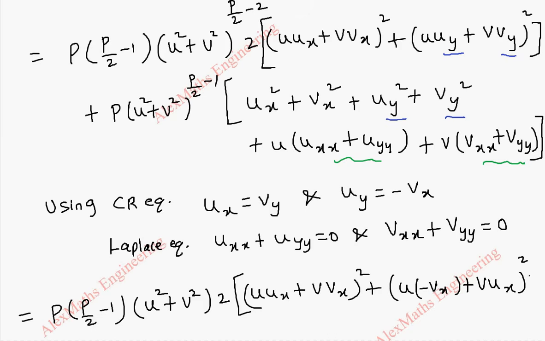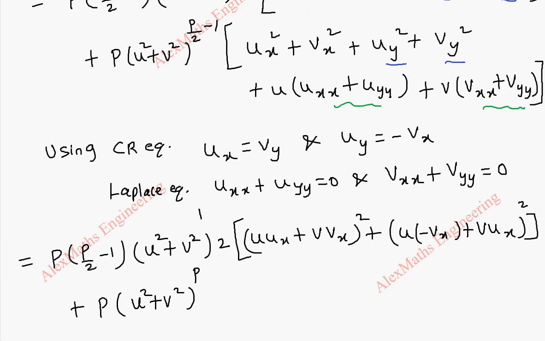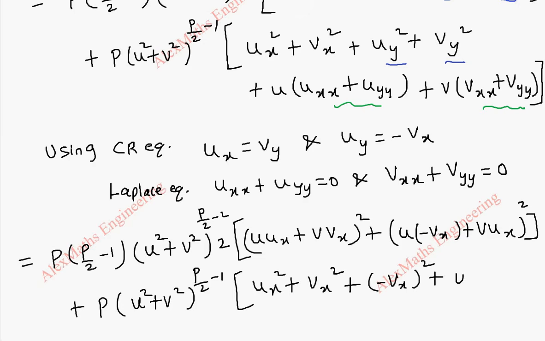So we replaced everything, close the bracket, and again the next set of terms: p into u square plus v square power, actually there is a power here, p by 2 minus 2, and here it is p by 2 minus 1. Here ux square plus vx square, and uy is minus vx square, and vy is ux square, and plus u into 0 using the Laplace equation, plus v into 0.